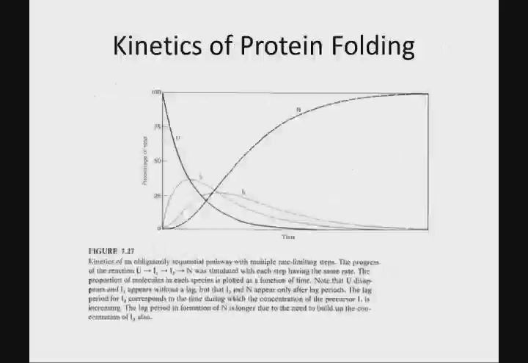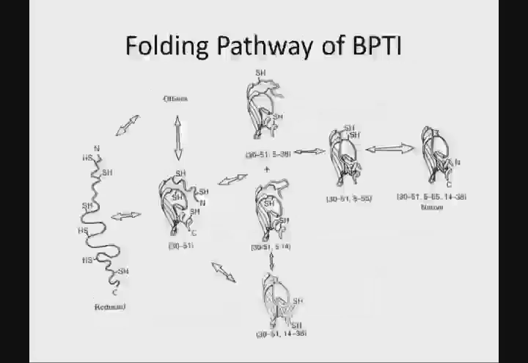All right? So you can measure the kinetics of this protein folding. And again, this is a very interesting topic that a lot of people are studying. You can say, well, how long does it take to go from this unfolded state to these individual intermediates to ultimately the native state? You can see this now with BPTI, which is bovine pancreatic trypsin inhibitor. It's a very useful protein in many assays, and so it's very well studied.